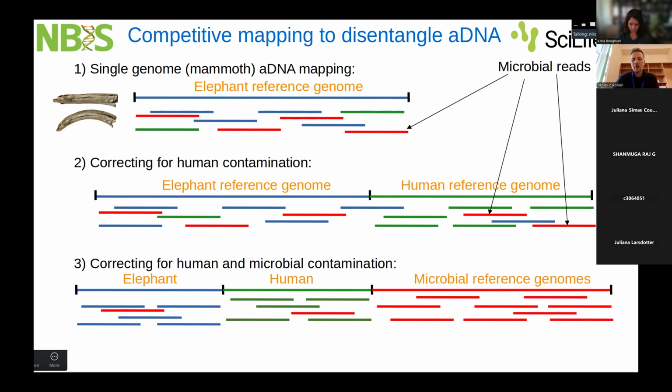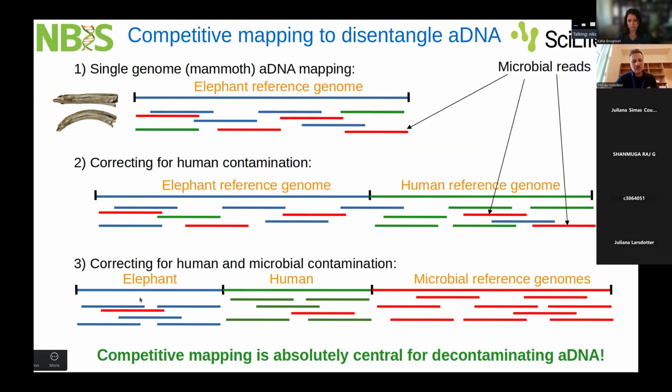Of course, there can be thousands and tens of thousands of microbial reference genomes. A good thing about microbial references is that they are small, so they're not that difficult to handle computationally. Otherwise, this ultra competitive mapping, when you concatenate several reference genomes, gradually cleans the alignments to your organism of interest much more accurately.